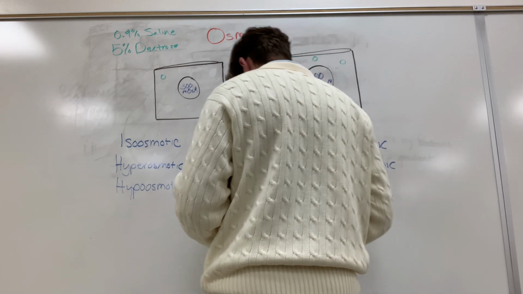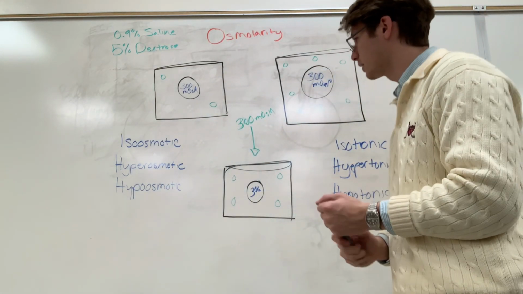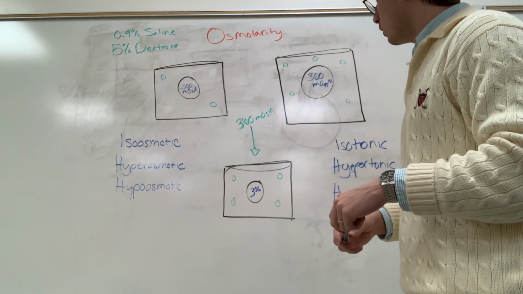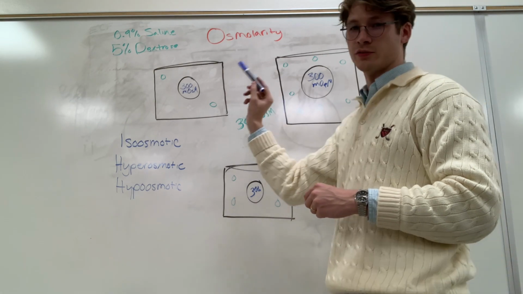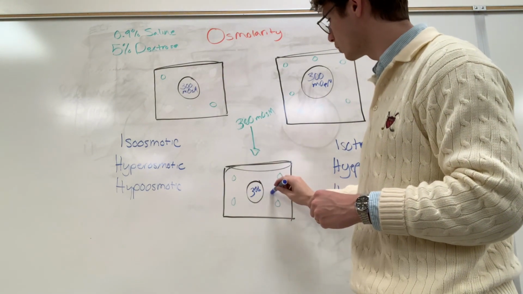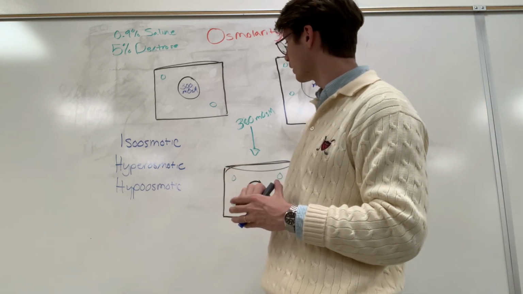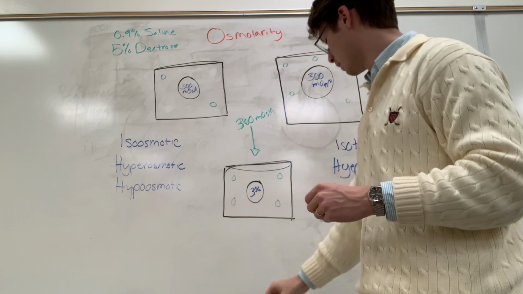So I'm going to try to explain this as best I can, as simply as I can. So we put a 300 milliosmolar solution of dextrose into this cell. We're going to refer to that as isoosmotic because we're matching the amount that's in the cell.